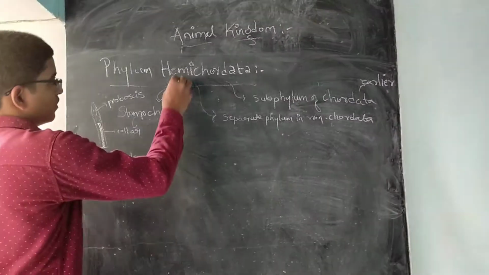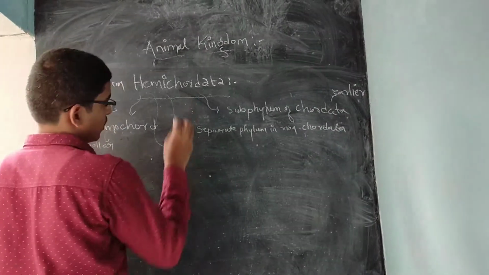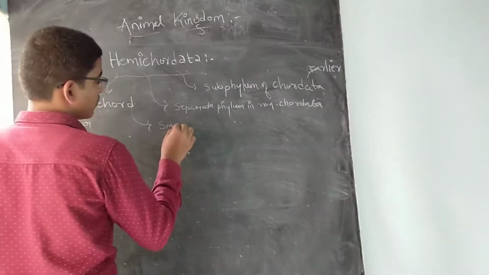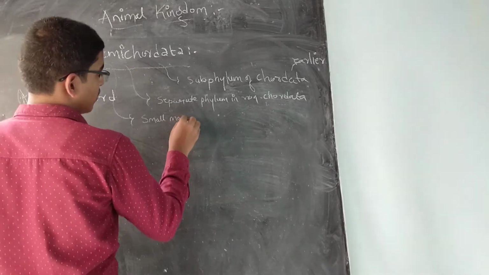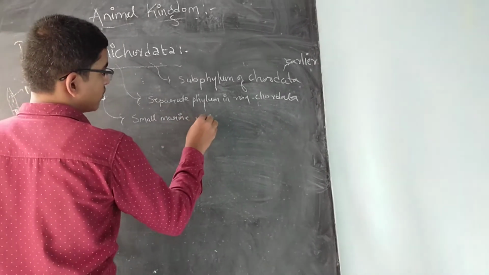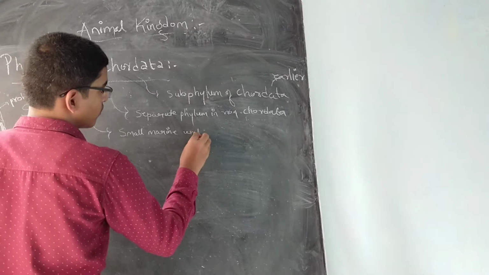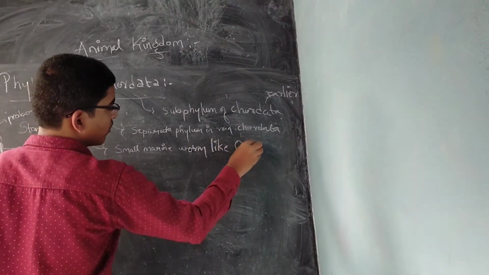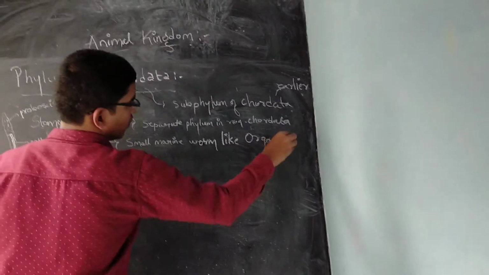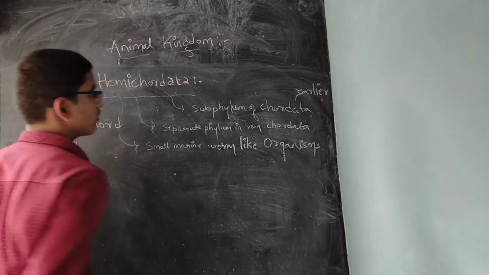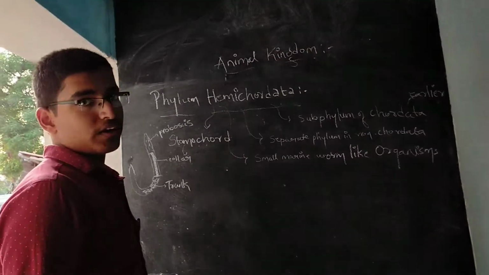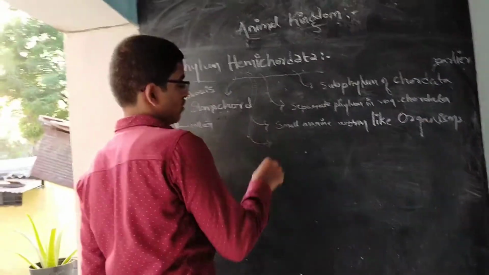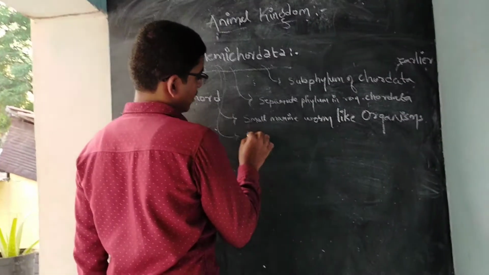This phylum consists of all hemichordates. Hemichordates are small marine worm-like animals. They usually have an anterior proboscis.